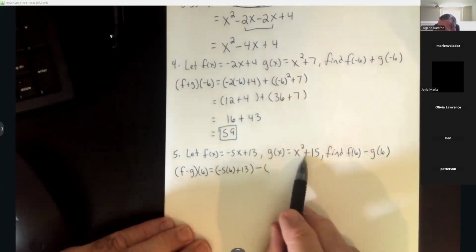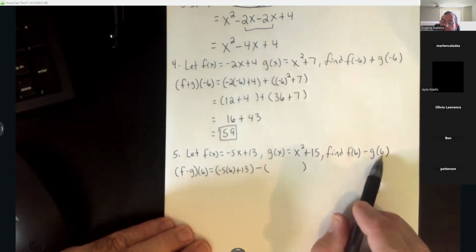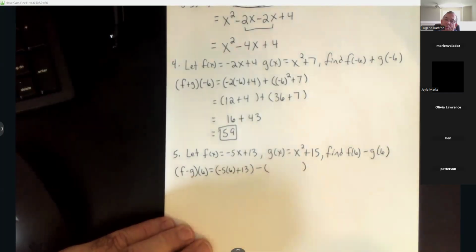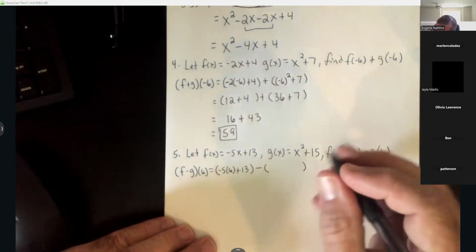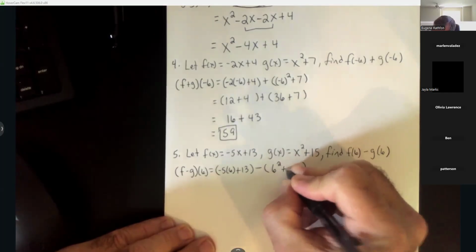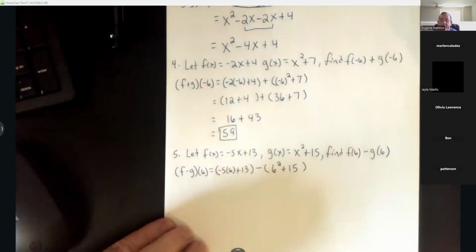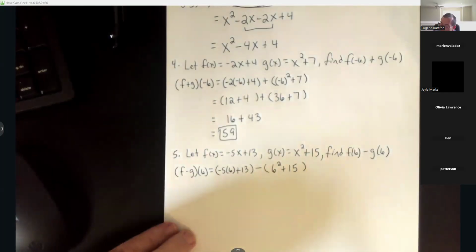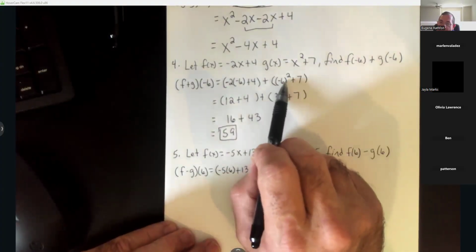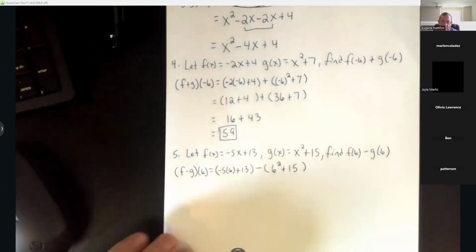Over here I got x squared plus 15. So since that's a positive 6, you really don't have to put it in parentheses. You could go 6 squared plus 15. Okay? But y'all, these negative numbers, you got to put them in parentheses when you square them.